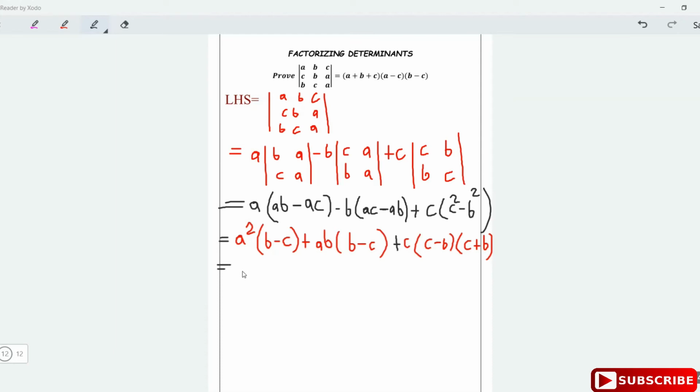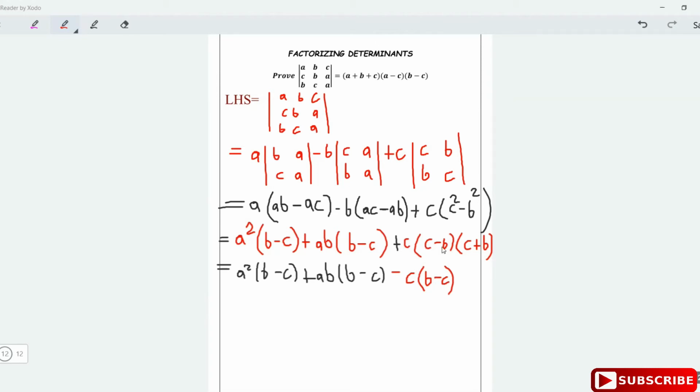In the next step, so follow, we'll put back our A squared times B minus C. Then we have plus our AB times B minus C. And then what we notice is that right here, you can rewrite this now as minus C times B minus C. Because look, if you multiply them, C times C is C squared, minus C times minus C is C squared.